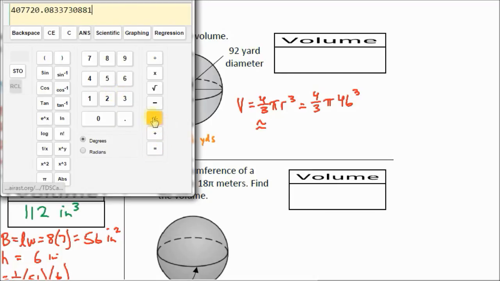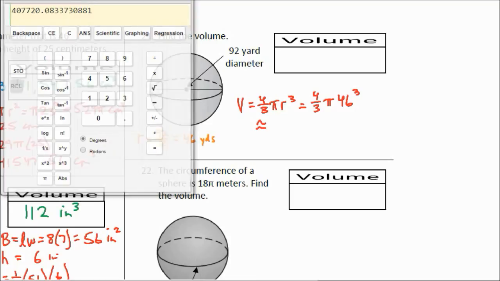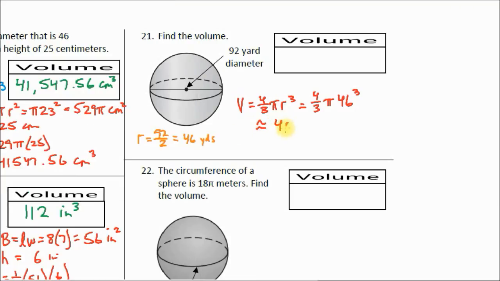That's a big number. 407,720.08. The next number is a 3. That's not going to round the 8 up, so we can just cut it off. And we've got approximately 407,720.08. Was that correct? Let's check it. That's correct.